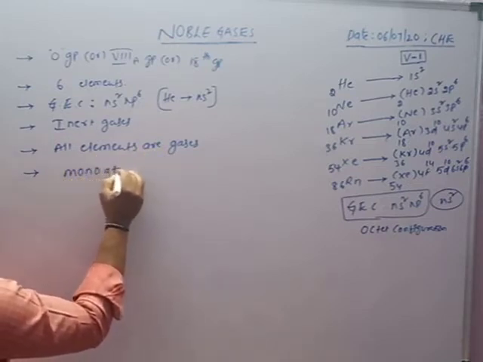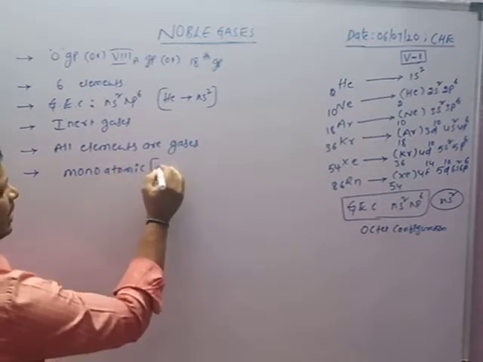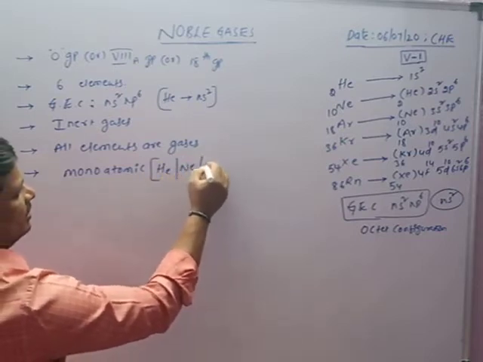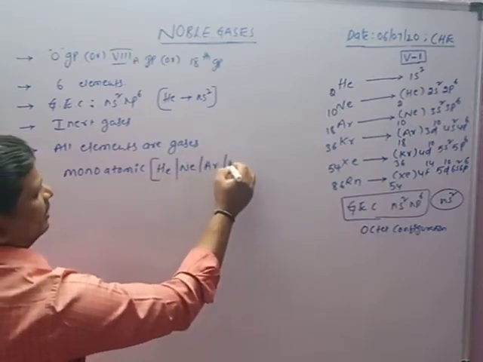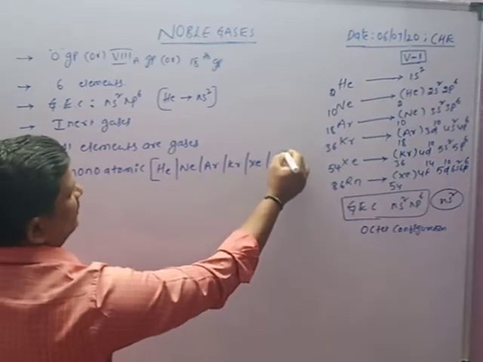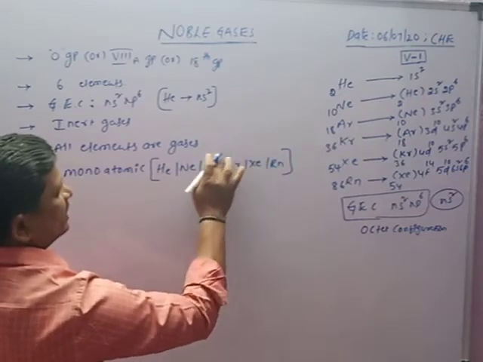What is monoatomic? Monoatomic means only one atom is present. Helium is He, neon Ne, argon Ar, krypton Kr, xenon Xe, radon Rn. All are monoatomic gases.